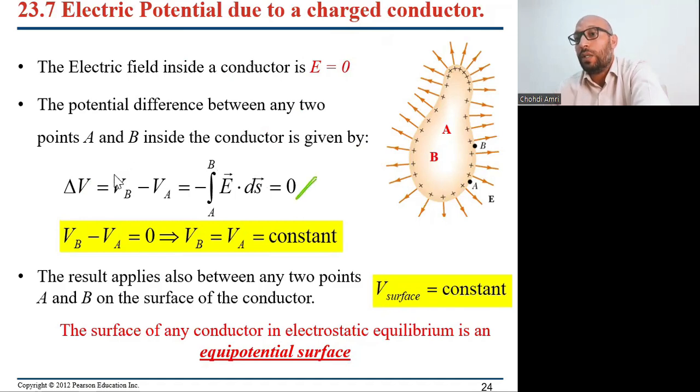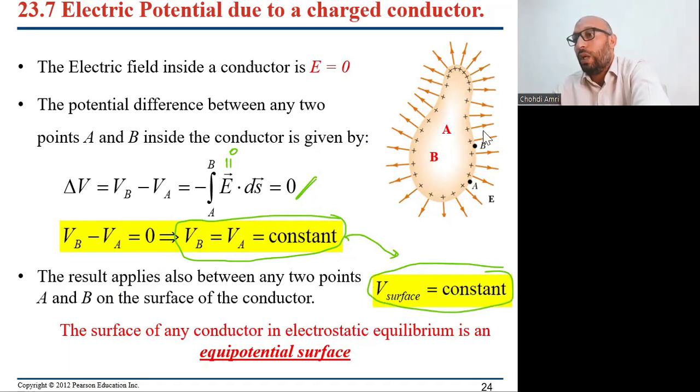Why is it 0? Because the electric field inside is 0. So we can say that any 2 points inside the conductor have the same electric potential. So the electric potential inside the conductor is the same. The result applies also between any 2 points A and B on the surface of the conductor. So the result also is valid for the surface.